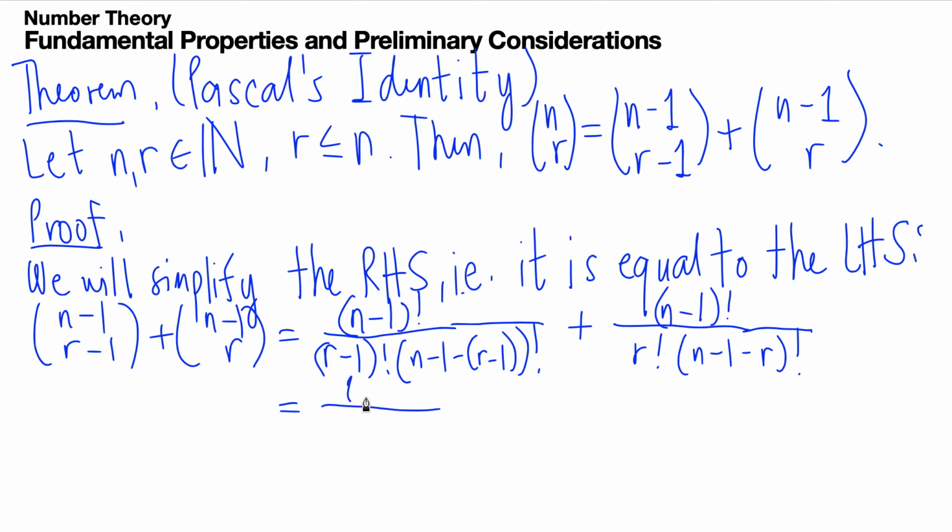You have n minus quantity n minus 1 factorial. So we have r minus 1 factorial. And then in this part, we can see that distributing the minus sign here, it will give us negative r. Likewise, it will give us positive 1. So negative 1 plus 1 is going to be 0. So what we have here is n minus r, which is left. I hope you saw that.